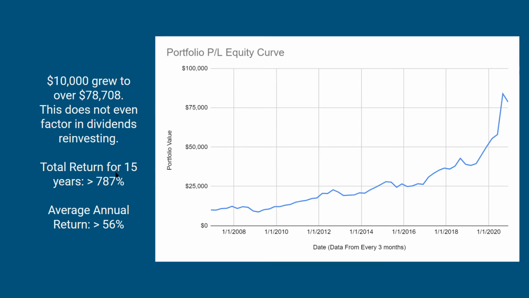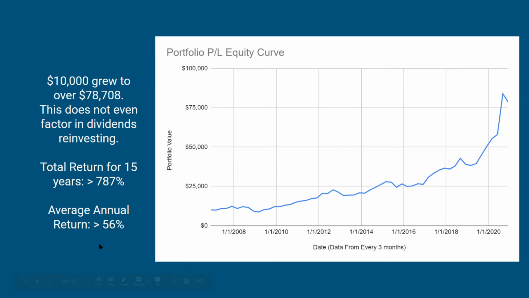The total return for 15 years was over 787%, or an average annual return of over 56%. I said earlier in the video, I think I said 59%, simply because I forgot. Over 56%. This was a theoretical long-term investment portfolio using ETFs and stocks in really healthy companies that have been researched. One-time investment of $10,000 grew by over 56%.